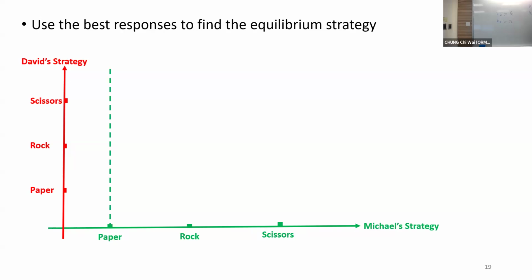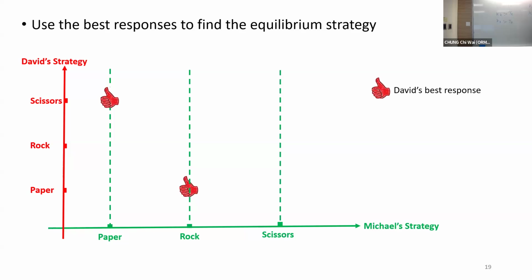So here, if Michael chooses paper, the best response of David is scissors. If Michael chooses rock, the best response of David is paper. And similarly, if Michael chooses scissors, then the best response of David is rock.